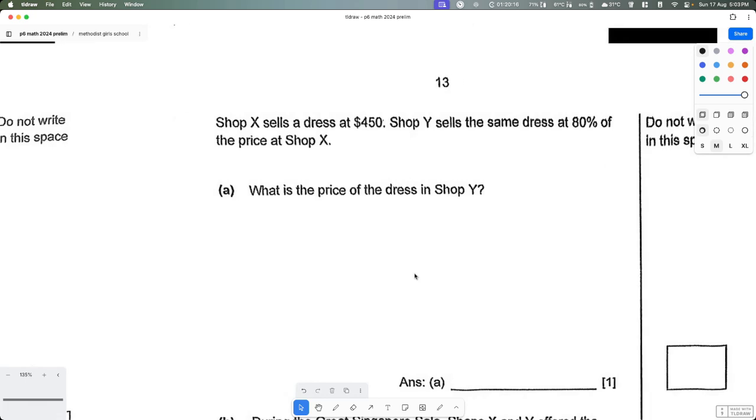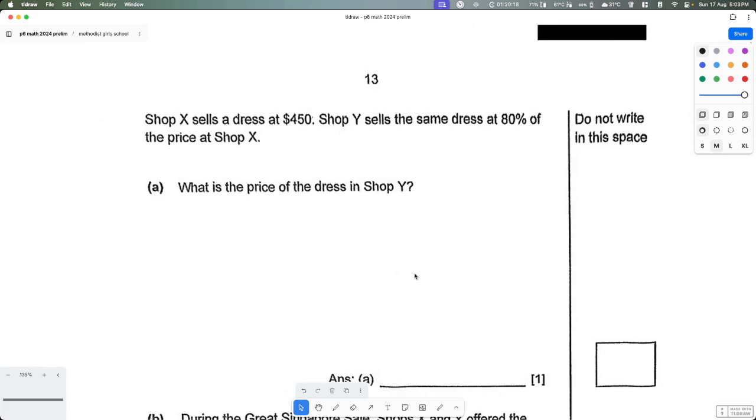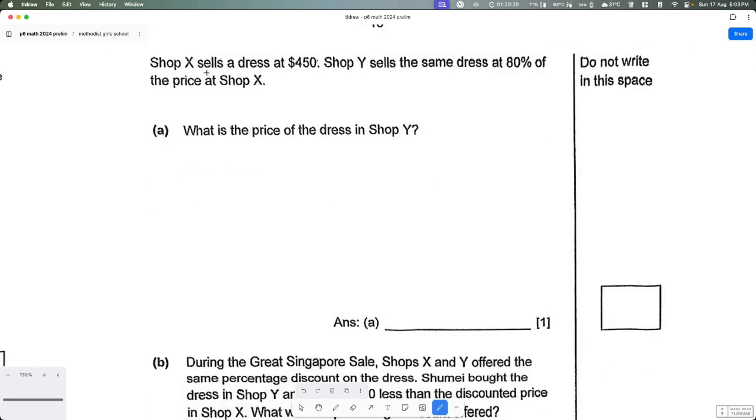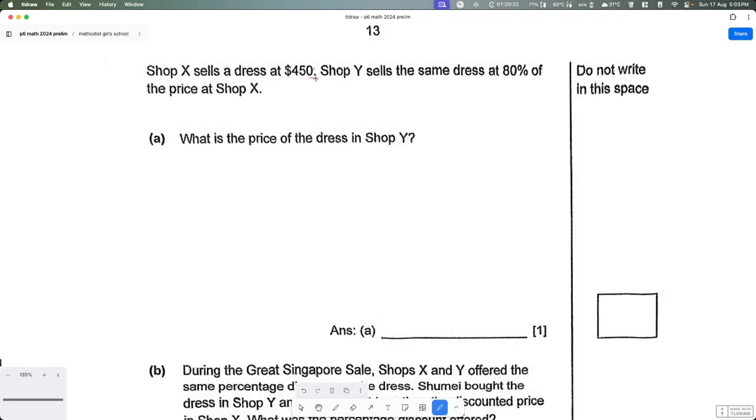This is 12. This is 13. Shop X sells a dress at $450. Shop Y sells the same dress at 80% of the price. So part A, what's the price of the dress in Shop Y?